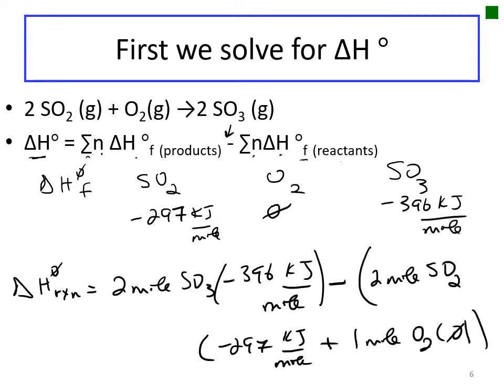When we finish our math here, we're going to get a delta H naught for this reaction equal to minus 198 kilojoules. Please note the moles are going to cancel.